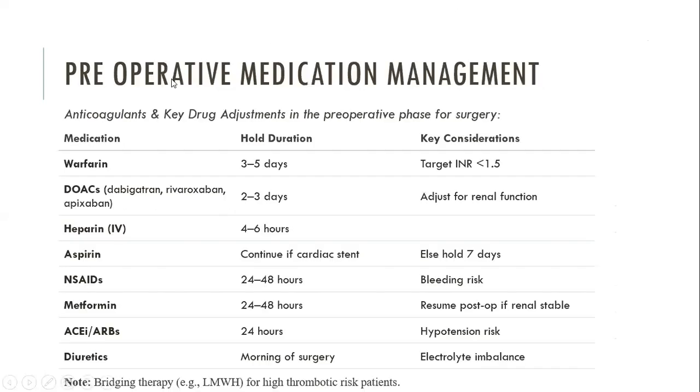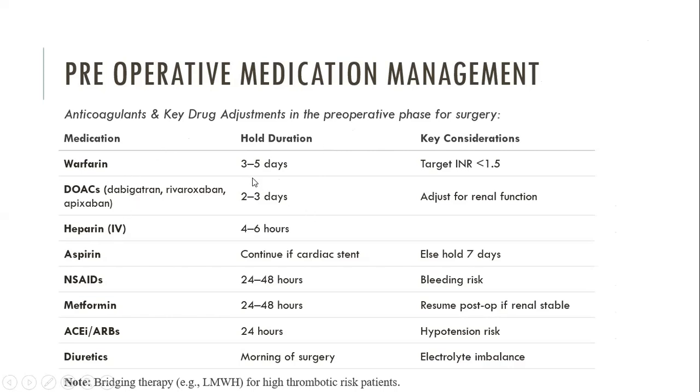Now we come to preoperative medication management, and anticoagulants are very important. You have to stop those drugs because they are blood thinners. They can cause massive blood loss. So these are a few medications which should be held before the surgery, like warfarin.